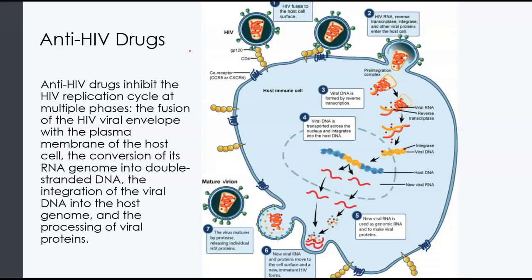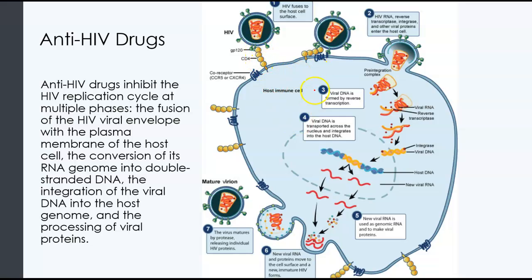So HIV is an RNA reverse transcriptase virus. And this is showing you the steps of HIV infection. First, HIV fuses to the host cell with the glycoproteins and the CD4 receptor.